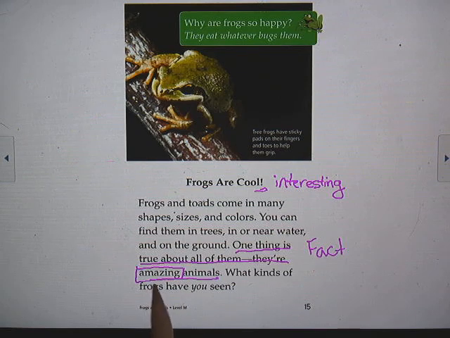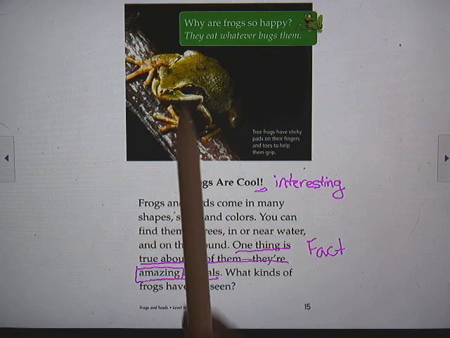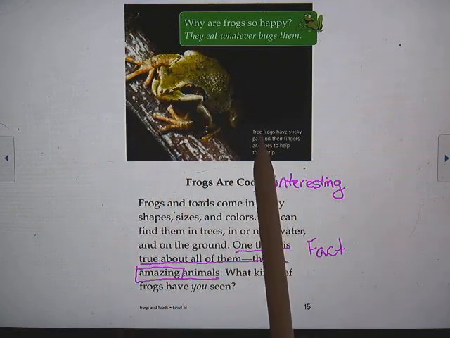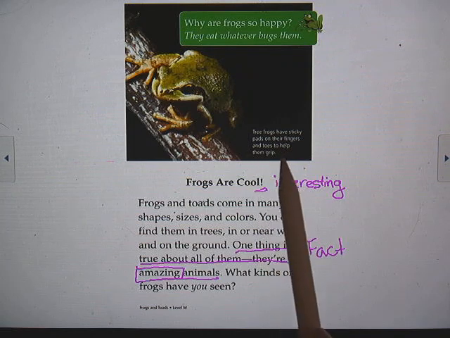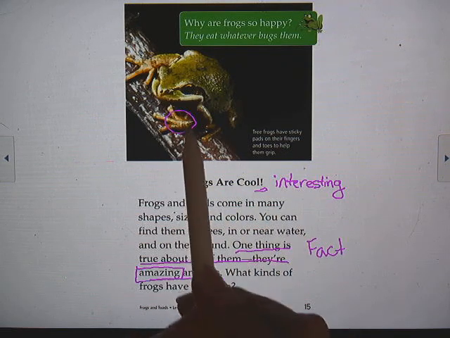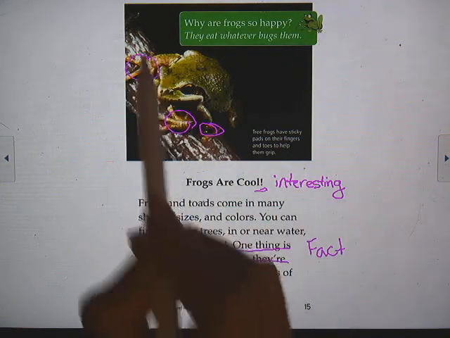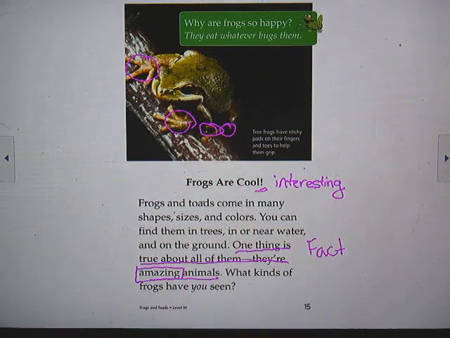All right, this is not a fact. That is an opinion. All right, so let's look up here. There's a caption here. It says tree frogs have sticky pads on their fingertips and toes to help them grip. So right around here, it's sticky so that they can grip and hold on to trees.